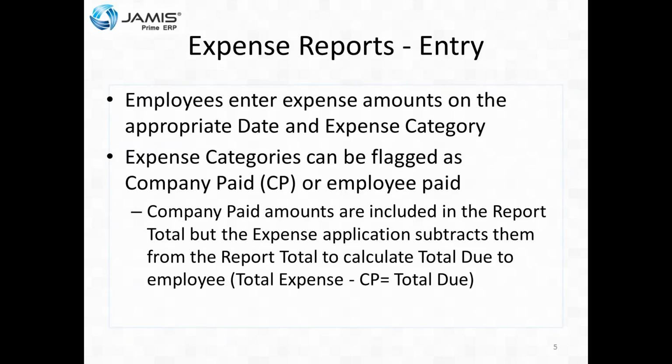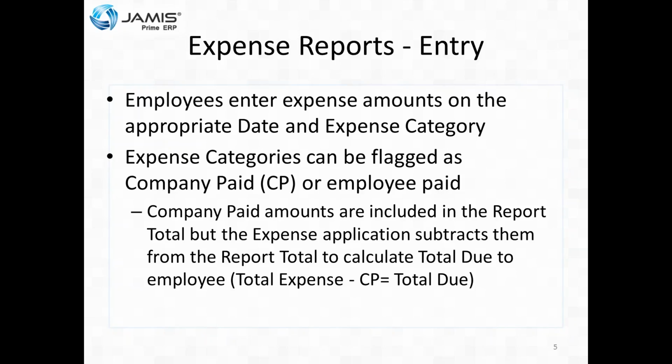The employee, when you go into your expense report, is going to enter expense amounts on the appropriate day and expense category. And on your form, and we're going to take a look at the form momentarily, you have expense categories that are either going to be flagged as CP, which actually means company paid, something that you're not actually paying for, but you want to record the expense in the database. Or it's going to be employee paid, where you are actually going to get a reimbursement for whatever expense you put in there.